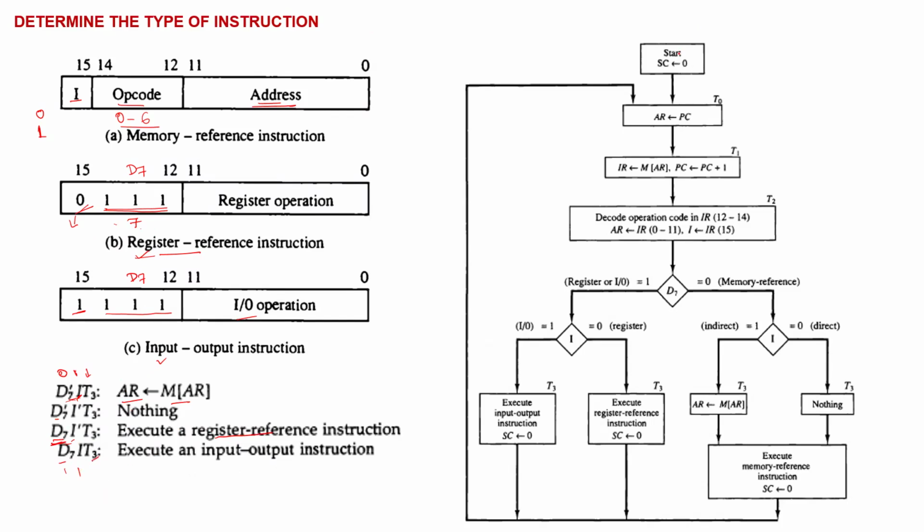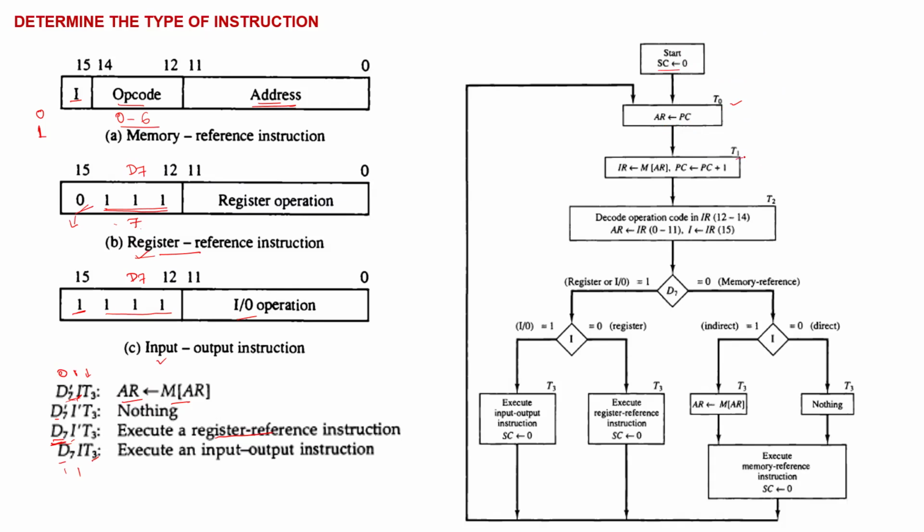Here, we can see these things in terms of a flow chart. In the starting, the sequence counter is cleared, that is set to 0. During time cycle T0, the contents of the program counter are transferred to the AR.